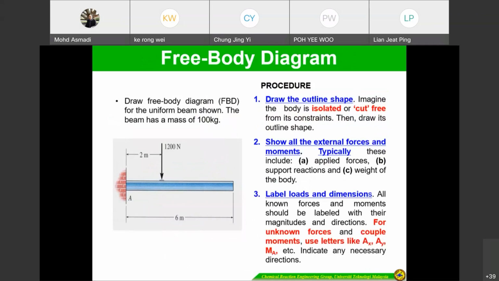How to draw the free body diagram? For this one, it should be times 3. Why should it be times 3?